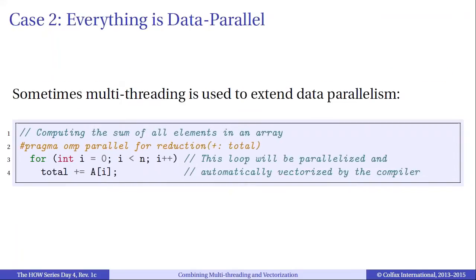Other times, applications are so highly parallel that everything is data parallel, and you can actually combine multi-threading with vectorization in one loop. For example, doing that, the compiler may be able to implement OpenMP parallelism together with vectorization in this loop.